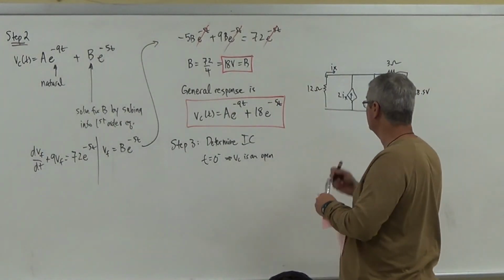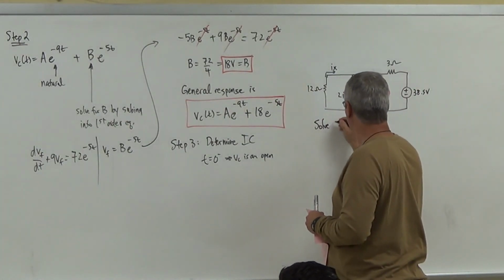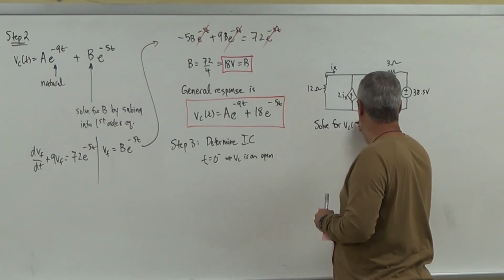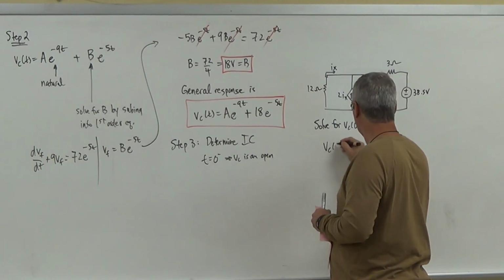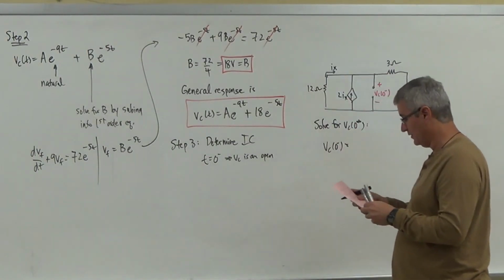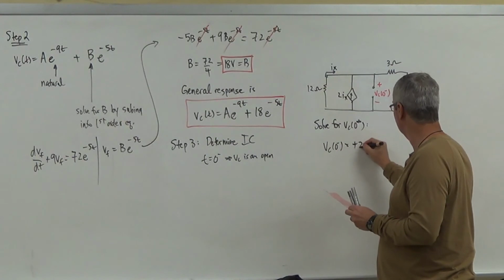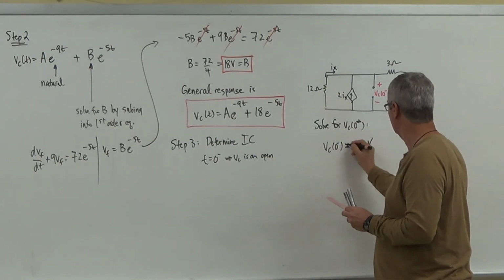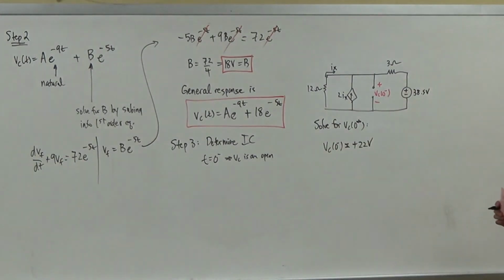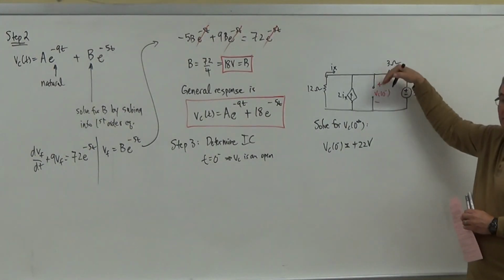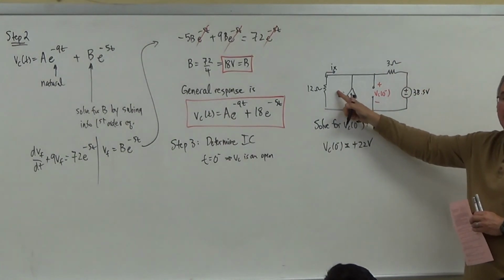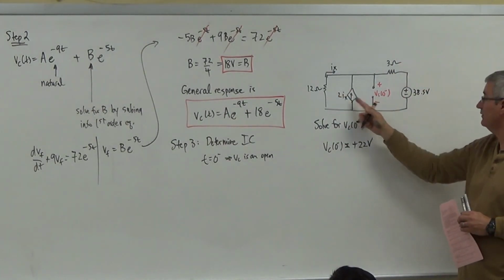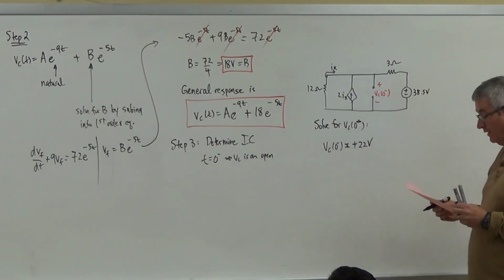So we solve for Vc of 0 minus, and if you get that number here, I end up getting positive 22 volts. And at least the sign looks good. That voltage has to be the voltage across that 12 ohm resistor, because these three are in parallel, at least.